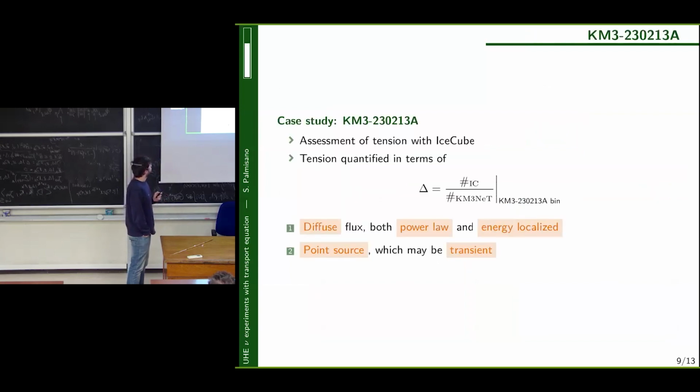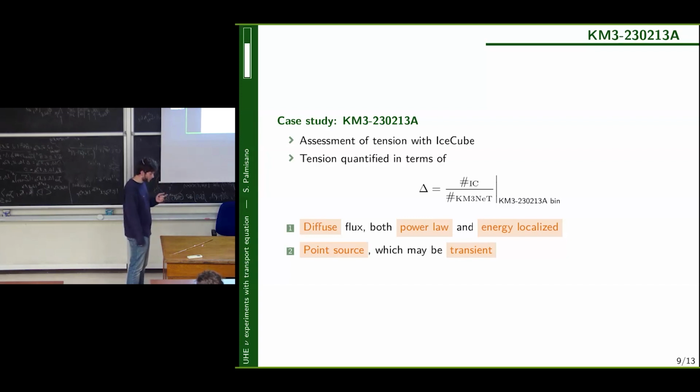So the next step is to have a case study, and we use the ultra high energy event as motivation. Now the main goal was to assess its energy relevance, how relevant this event is.